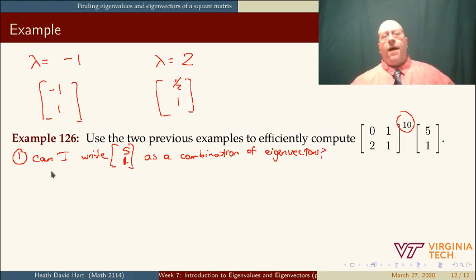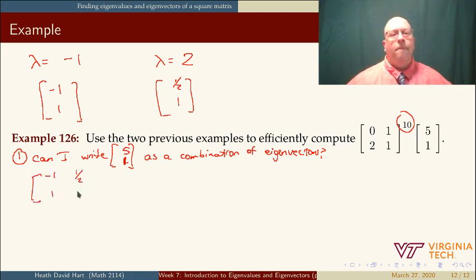And we can do that by solving this system here. Find a combination of these columns that adds up to 5, 1. If I take row 2 plus row 1, this could be 0, 3 has 6, negative 1, 1/2, 5.